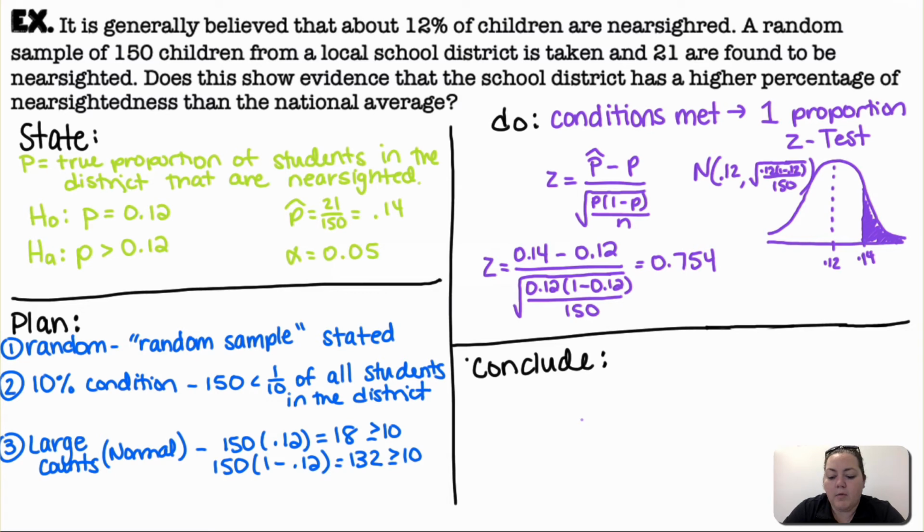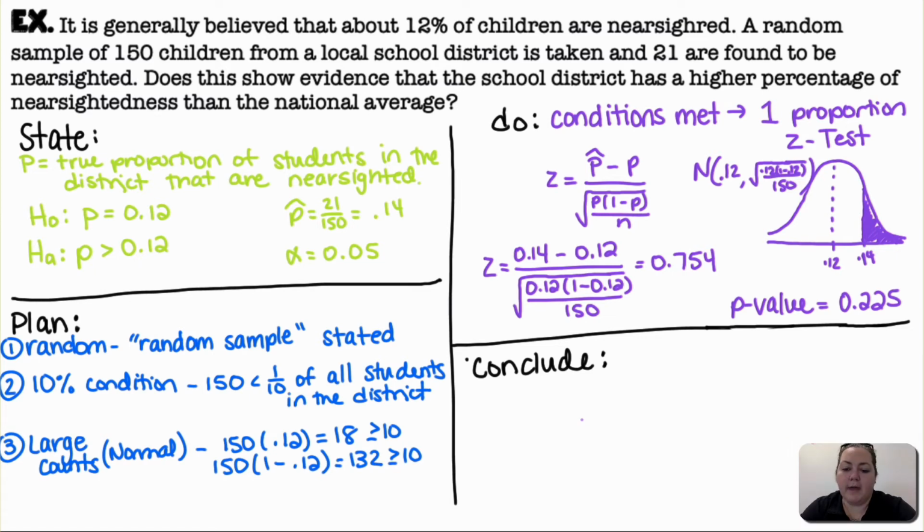I'll write my p-value from my calculator as 0.225. If I were going to do it without the test in the calculator, I would have to do a normal CDF and find the probability of getting a value above 0.14, up to 9999, with a mean of 0.12 and standard deviation the square root of 0.12 times 1 minus 0.12 over 150.